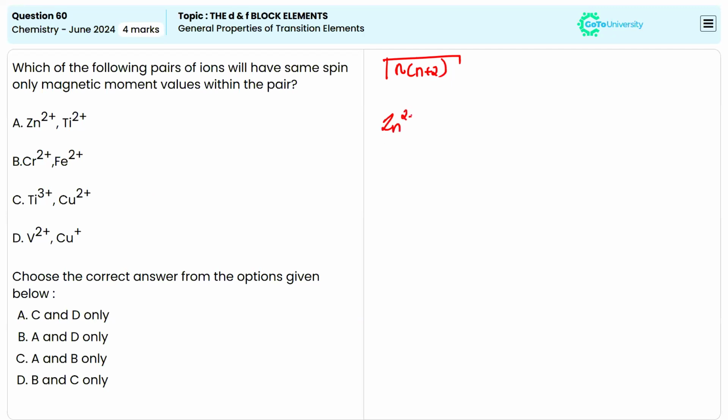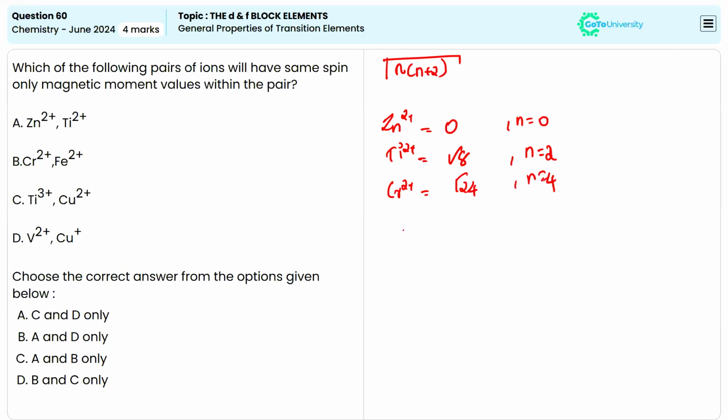For Zn 2 plus ion, you will get the value 0. For titanium 2 plus ion, you will get square root of 8, because in zinc n is 0 and here n is equal to 2. For chromium 2 plus, you will get square root of 24 because the number of unpaired electrons is 4.